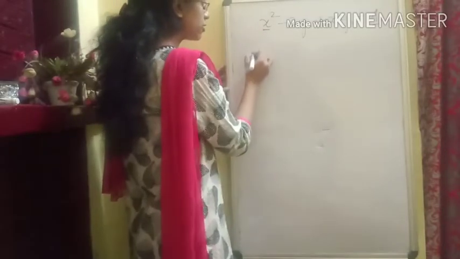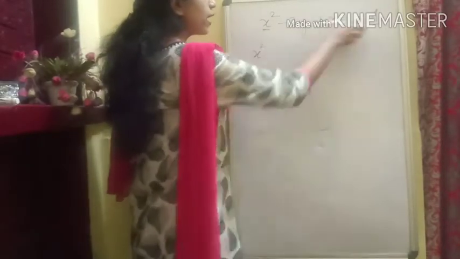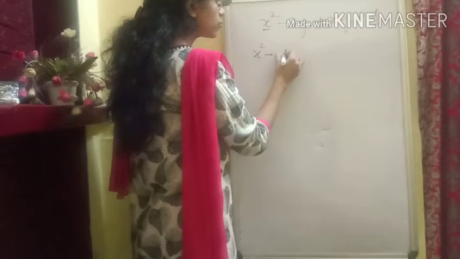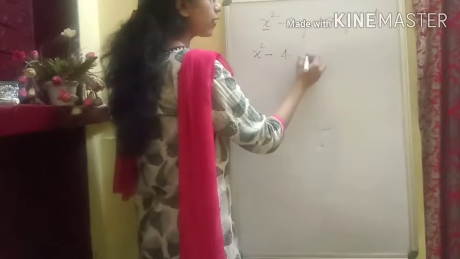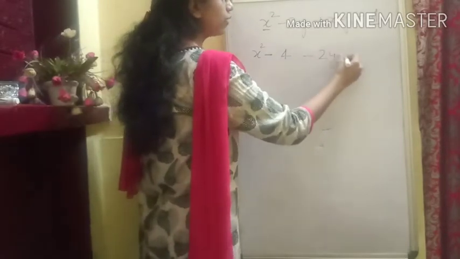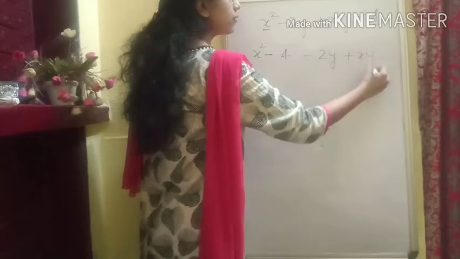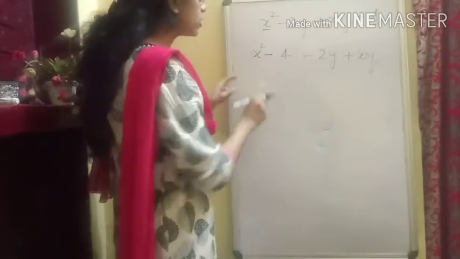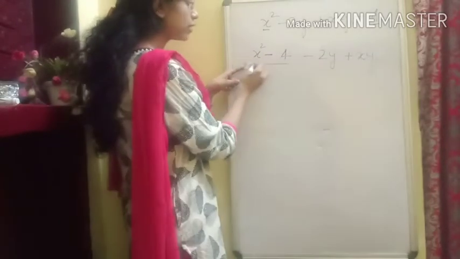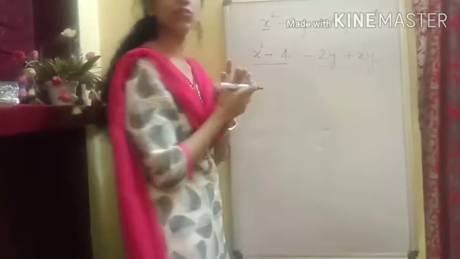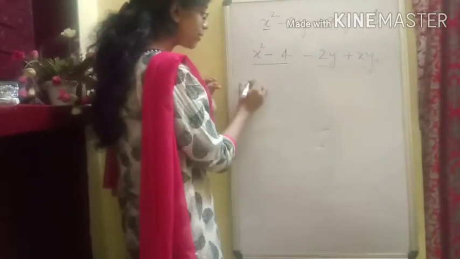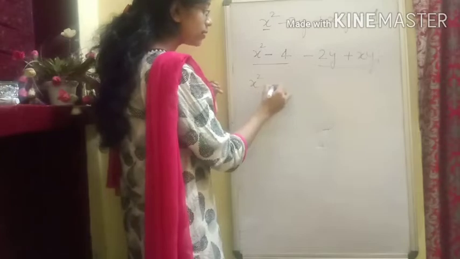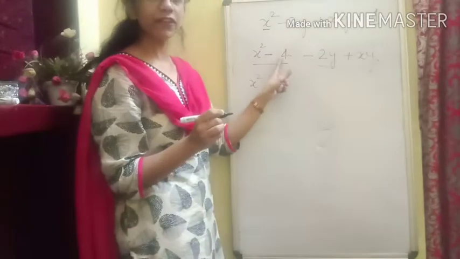Let me write first. It is x square and then I am writing minus 4. Okay. And then we are having minus 2y plus xy. Is it okay? Now see, here if I have taken these two terms together and these two terms together, it is x square minus, this 4 is a perfect square of 2.